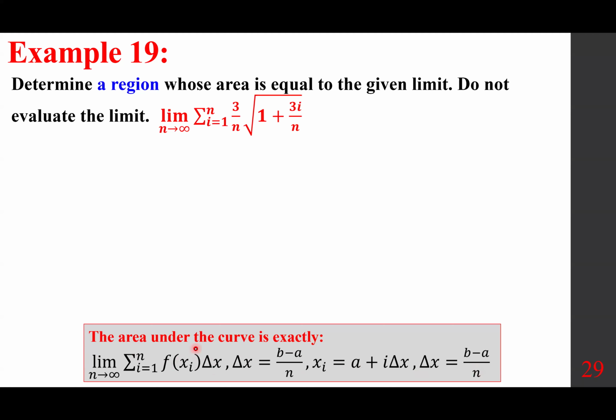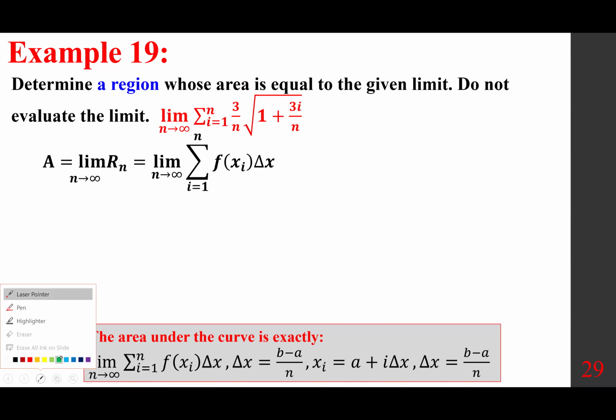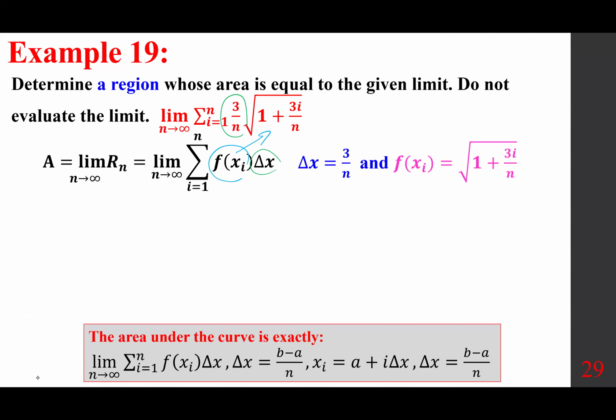So let's rewrite this one where we compare, and we can see that since delta x is b minus a over n, and it gets multiplied by f of x of I, there seems to be that delta x is 3 over n. And this is f of x of I. So delta x is 3 over n, and f of x of I is this expression, square root of 1 plus 3i over n.